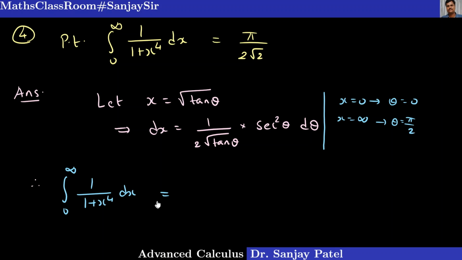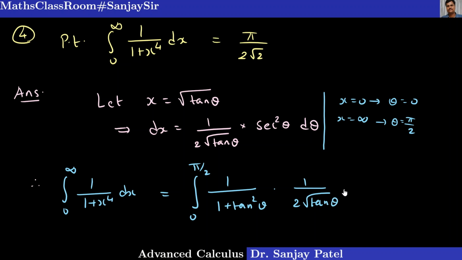So the limits will change to 0 to pi by 2. X square is tan theta, so it is 1 plus tan square theta, and dx we have already obtained, 1 upon 2 root tan theta into sec square theta d theta.